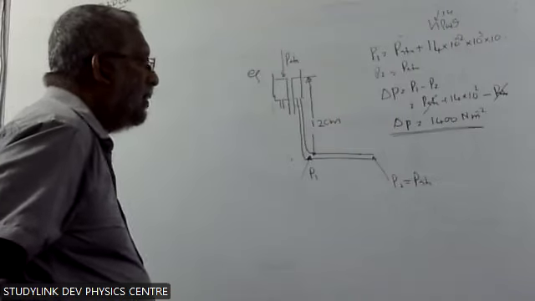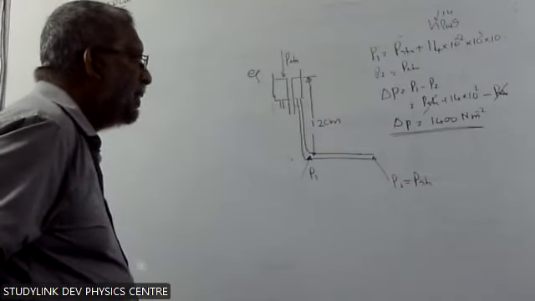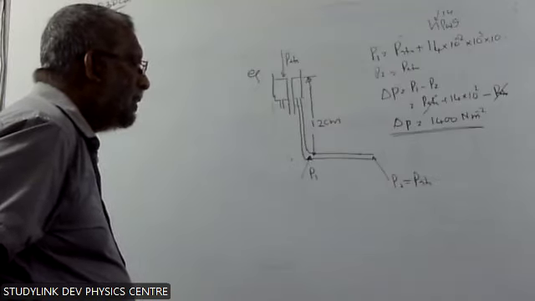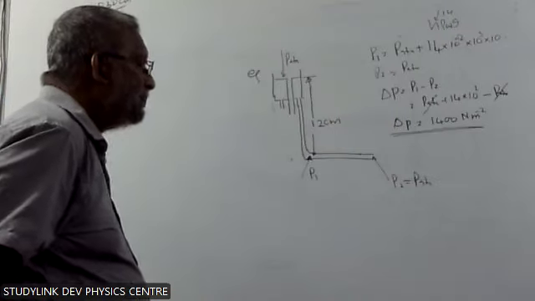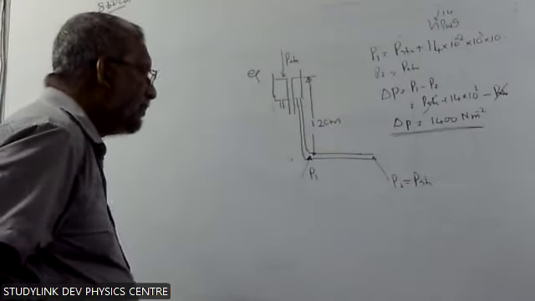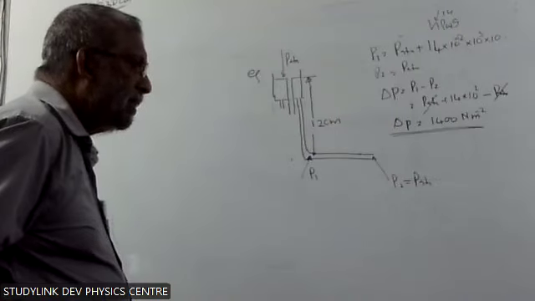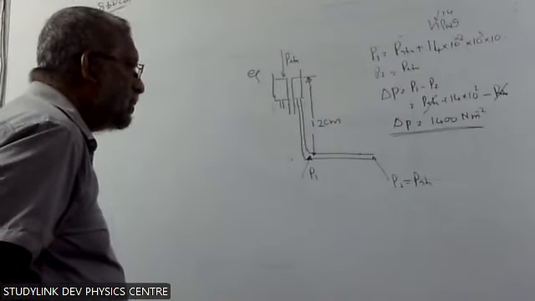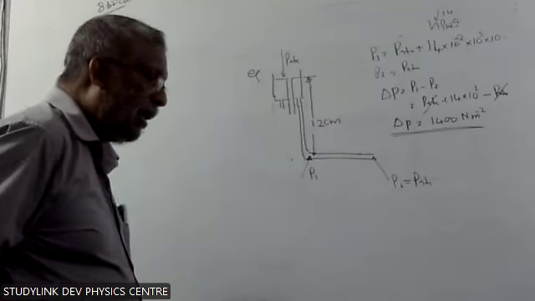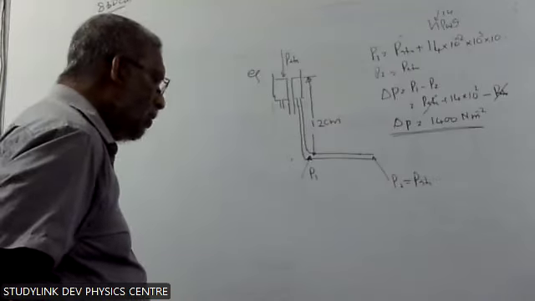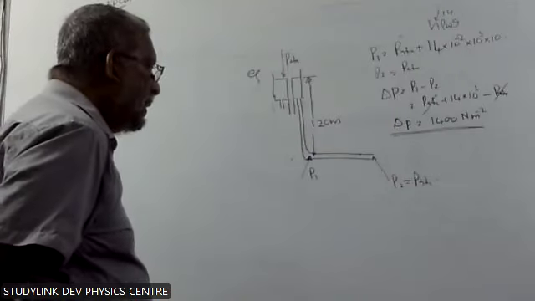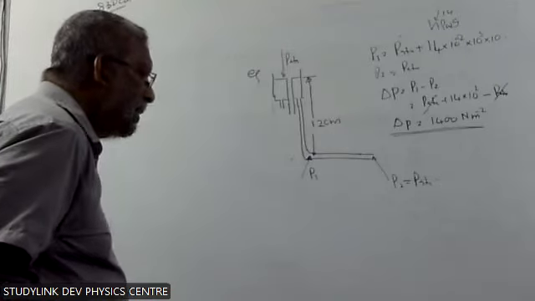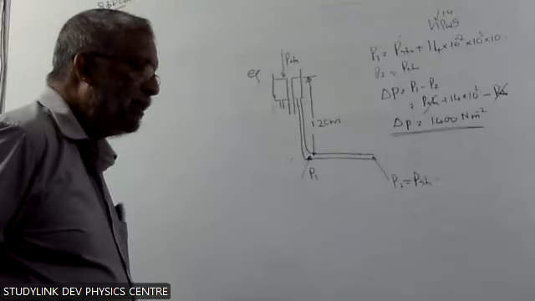Number 1. Find the rate of flow of the liquid, water. Second one, find the volume that passes through the capillary tube in 5 minutes and in 2 hours.